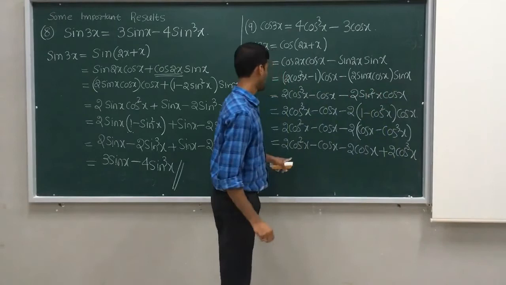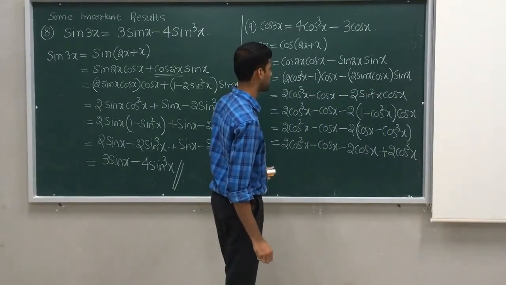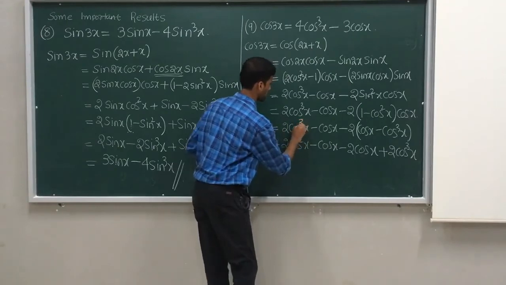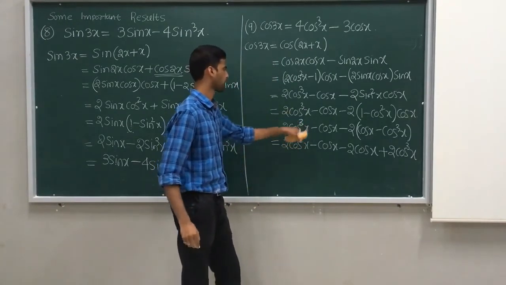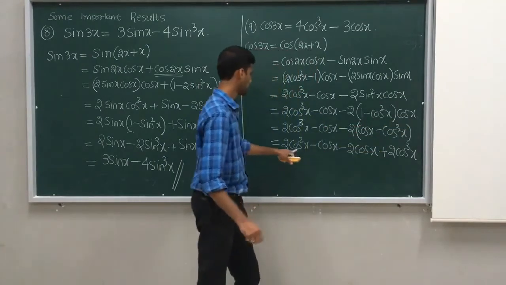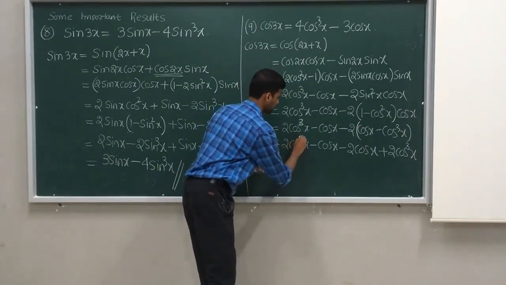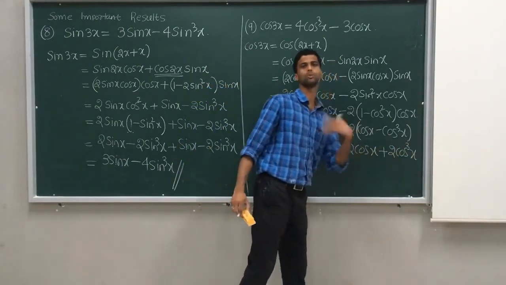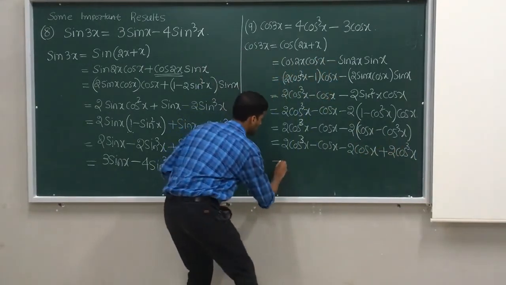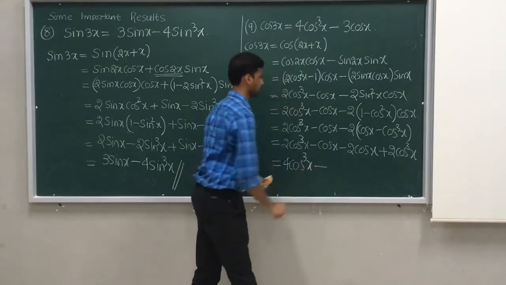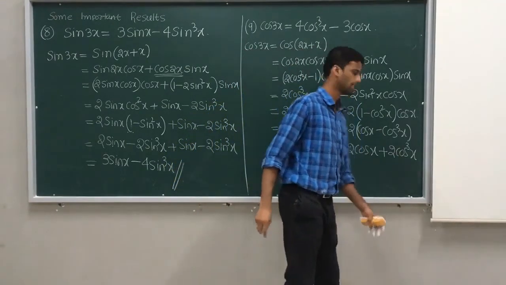I made a bit of a mistake here: instead of 2 cos cube x I wrote 2 cos square x. It is 2 cos cube x minus cos x minus 2 cos x plus 2 cos cube x. 2 cos cube x plus 2 cos cube x is 4 cos cube x, minus cos x minus 2 cos x, it is 3 cos x.